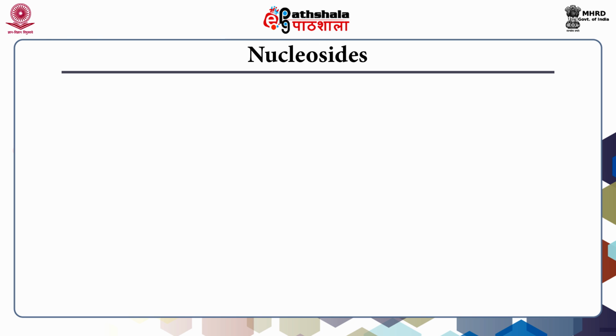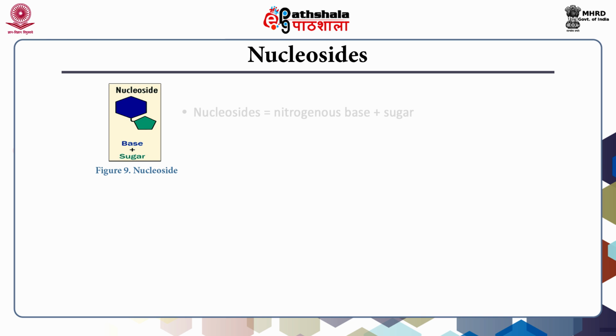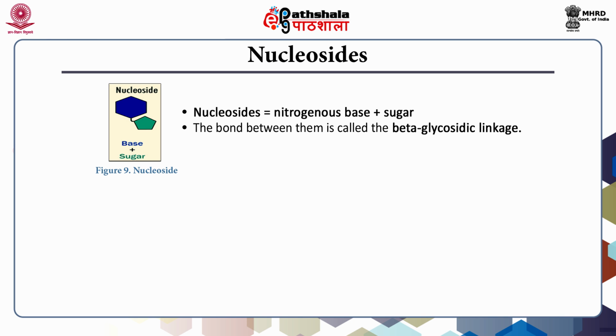A nucleoside consists of a combination of a nitrogenous base and a sugar, either ribose or deoxyribose. So, this means nucleosides can be written as nitrogenous base plus sugar. The bond between them is called a beta glycosidic bond.